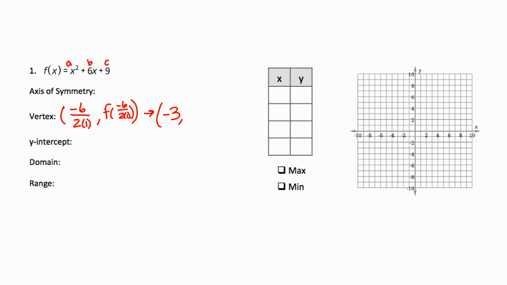Then what I would do with this negative 3, I would plug it in everywhere I see x. So it'd be negative 3 squared plus 6 times negative 3 plus 9. And that would give me my y value of 0.